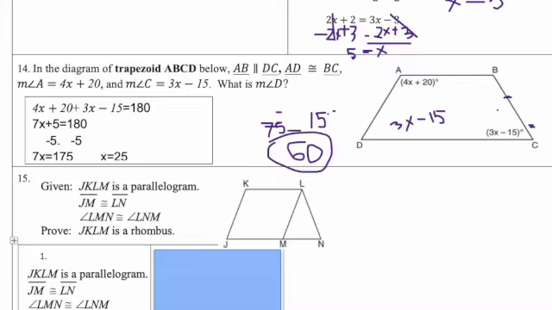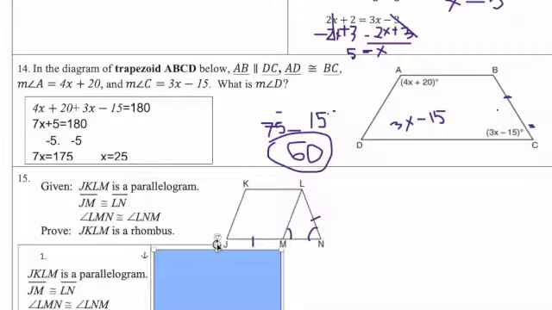So we have that this is a parallelogram, and we know that JM is congruent to LN. We also know that LMN is congruent to LNM. So that's what's given to us.